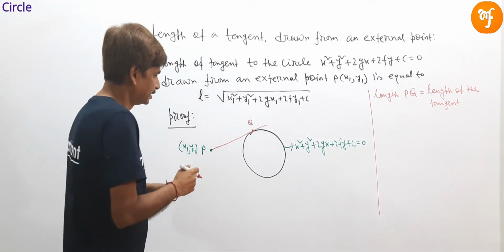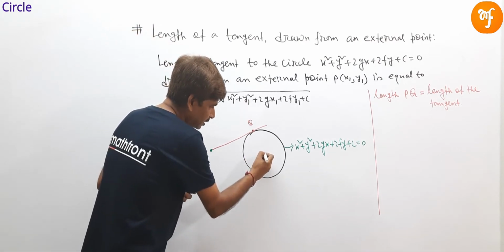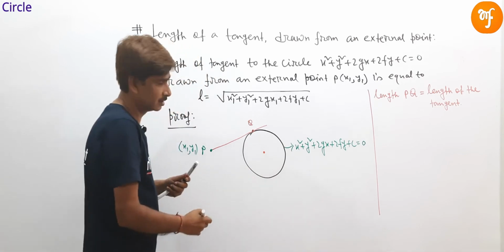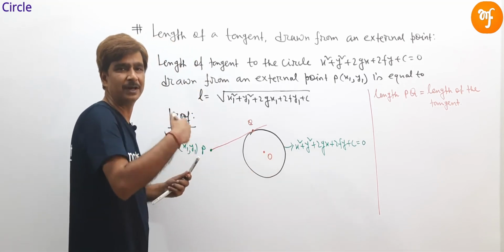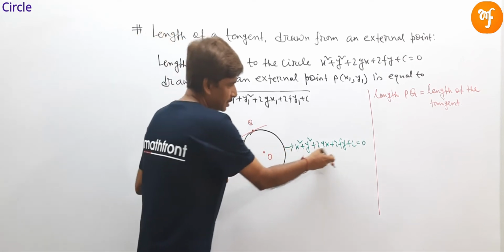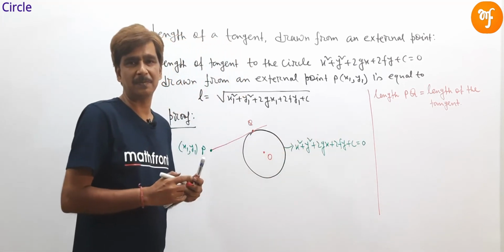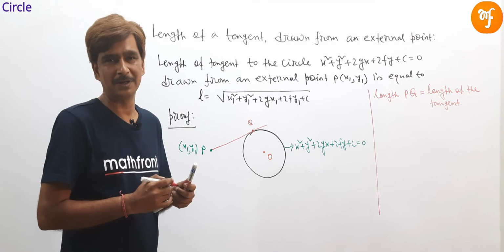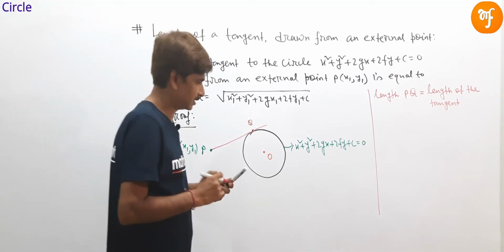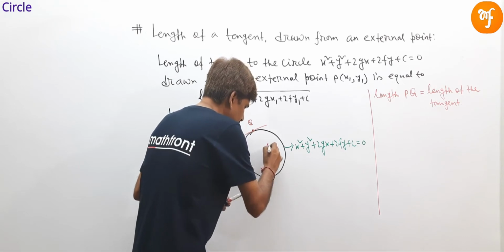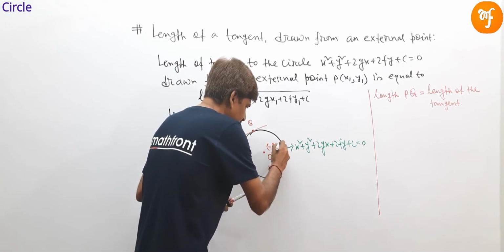Okay, so to do this, first of all, trace the center. Say the center is at O, and what is the coordinate of the point O? As the equation of the circle is x square plus y square plus 2gx plus 2fy plus c is equal to 0, its center will be minus g comma minus f. So we are writing the center is at minus g comma minus f.